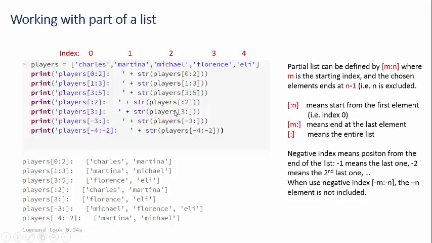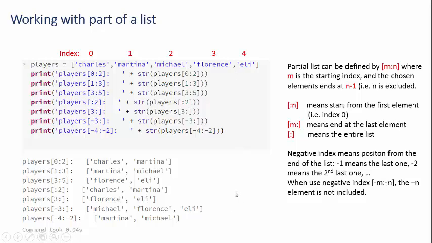And we can do this as well, like colon 2, which means it's 0 and 1. And this one's 3 colon nothing, which means index 3 to the end of the list.